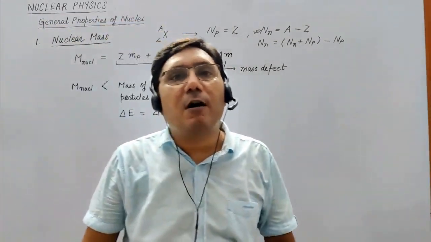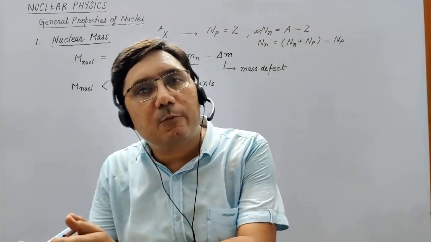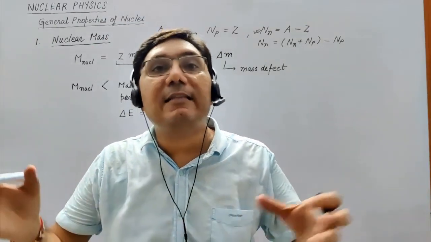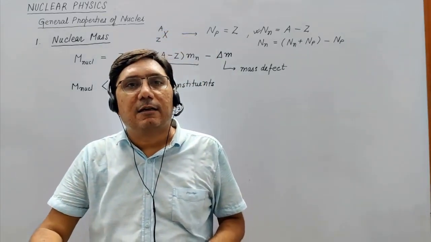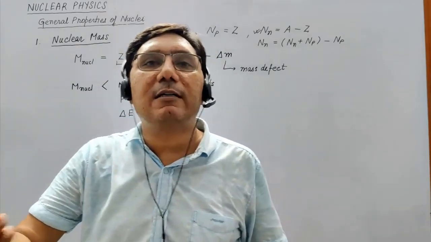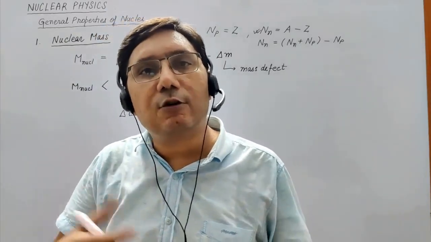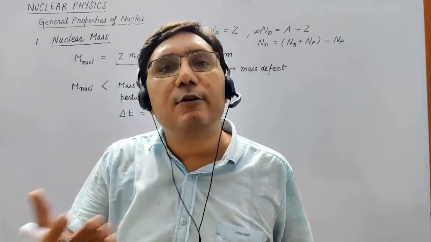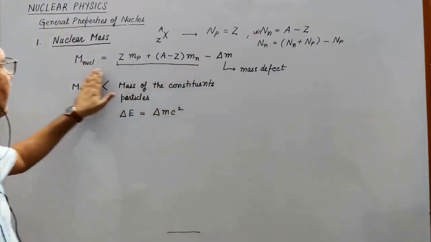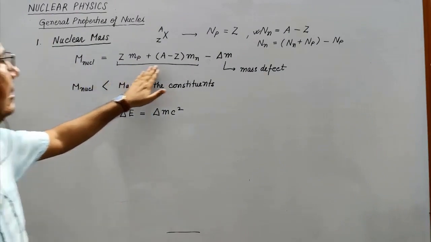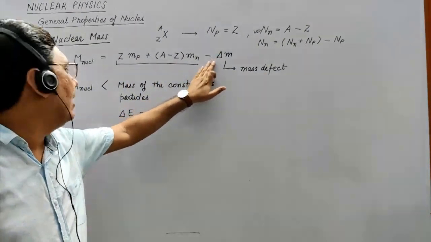A nuclei is formed from Z number of protons and A minus Z number of neutrons. But when this nuclei is formed, a small mass is lost. This lost mass will convert into energy, and we will discuss all this mass defect and lost energy later on in the topic binding energy. But here you have to remember that the mass of the nuclei is given by this expression, where delta M is the mass defect.